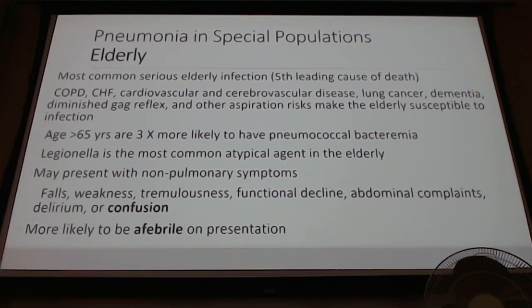So it is something we always need to consider when they present altered. And they might have confusion, syncope, falling. We see it very often, especially coming from nursing home facilities when they have a change of mental status. And most elderly patients aren't febrile with these diseases.